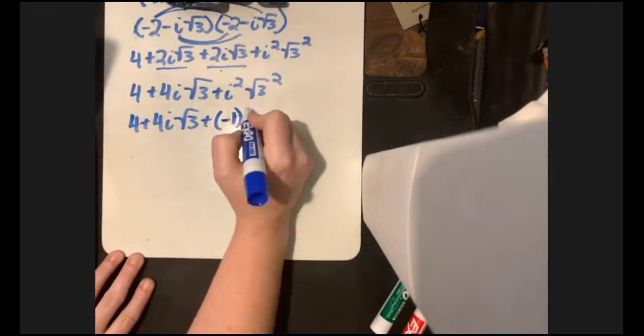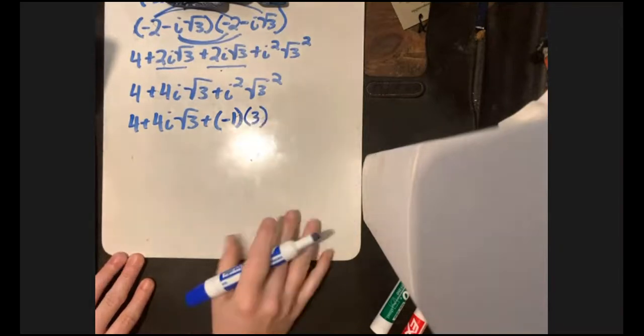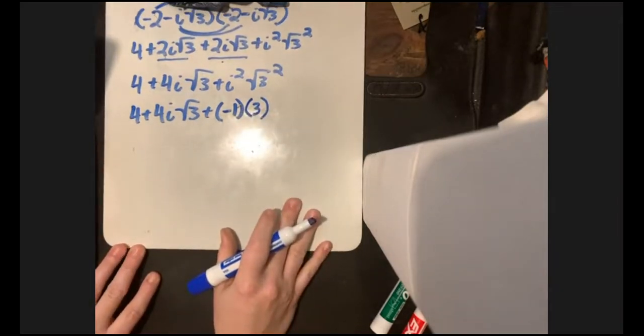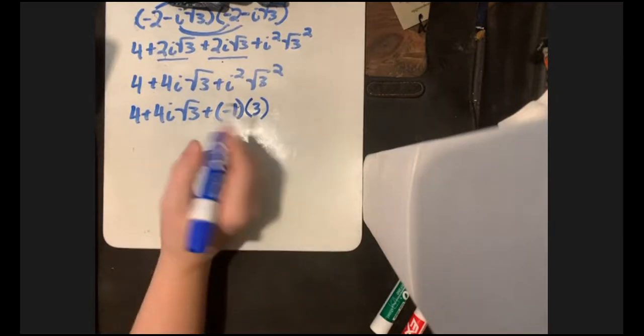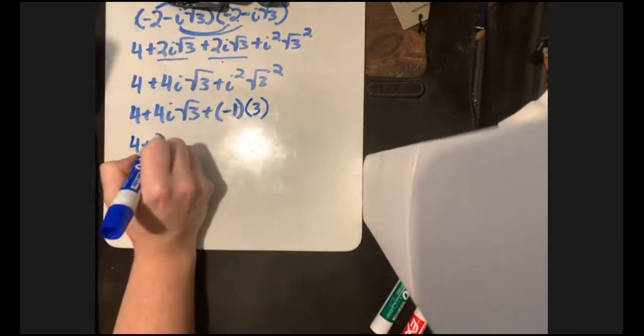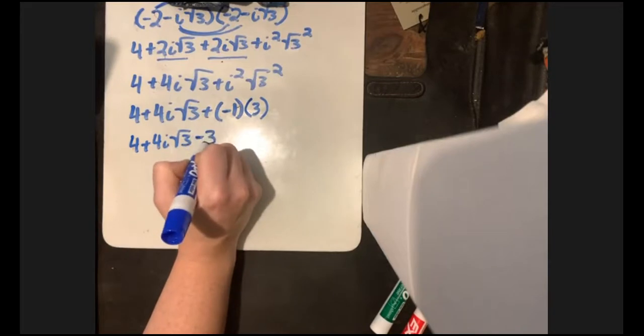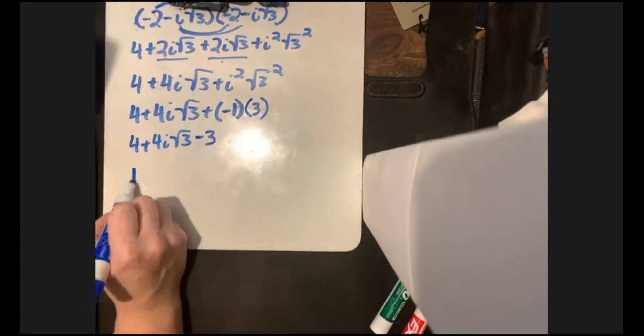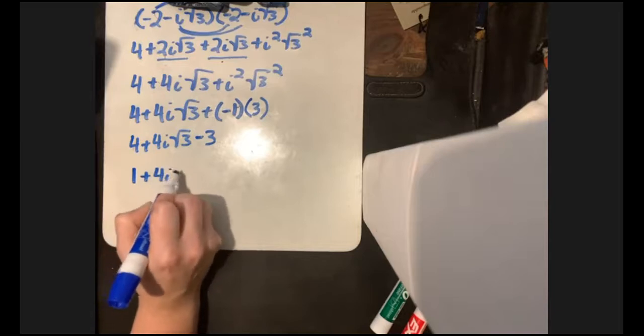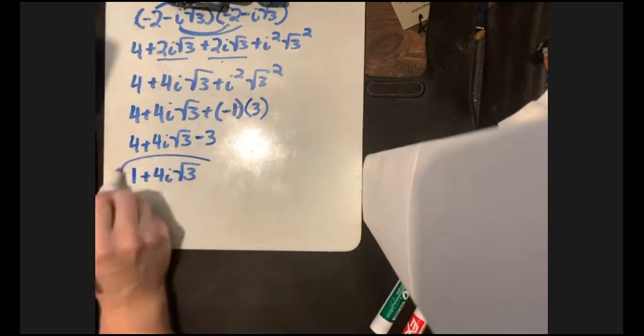Square root squared gives me just the number underneath. Okay, so now I have 4 plus 4i square roots of 3 minus 3. Combining, that gives me 1 plus 4i square roots of 3.